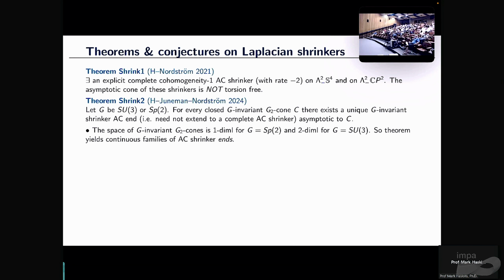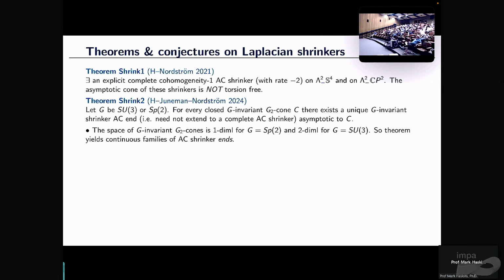Then we look at a closed G invariant G2 cone C. Then the statement is that there's a unique G invariant shrinker N, something that satisfies the shrinker equations, but that does not necessarily extend all the way to give us something complete. It just gives us something on a collar neighborhood of infinity.